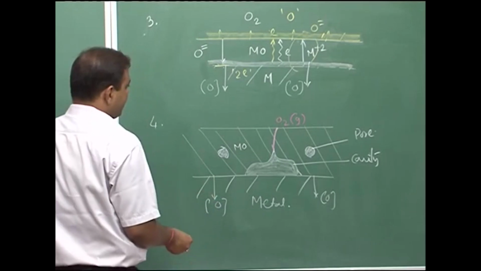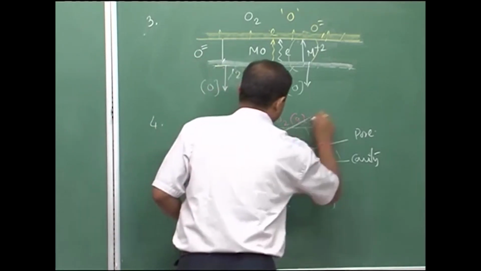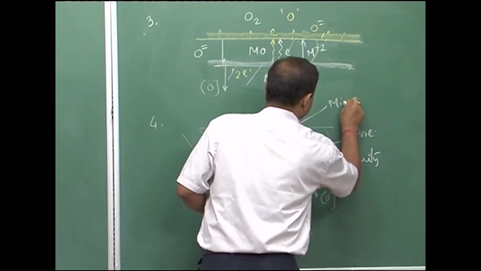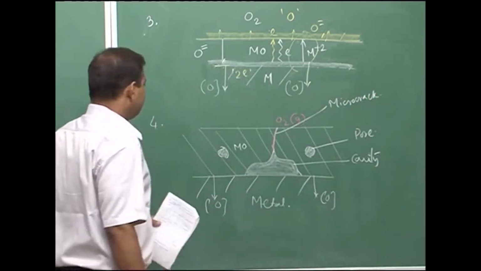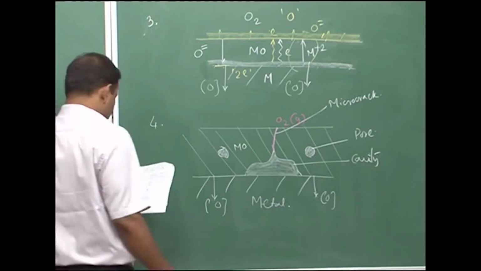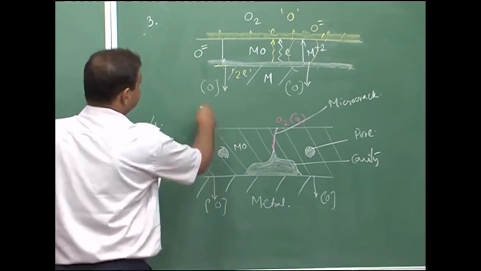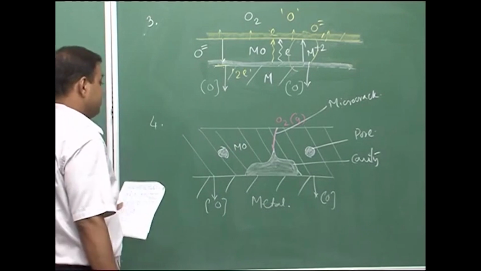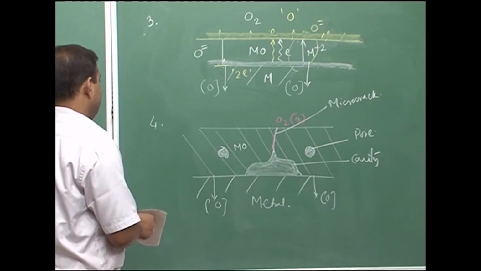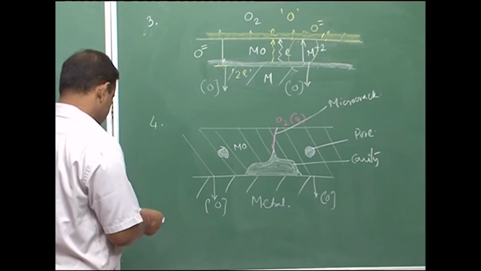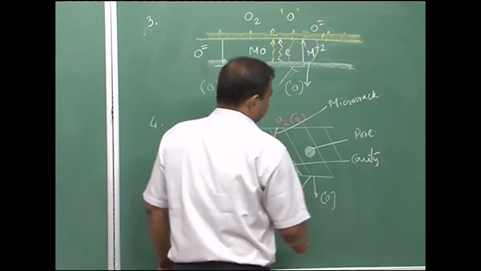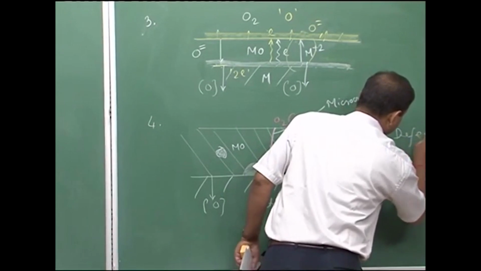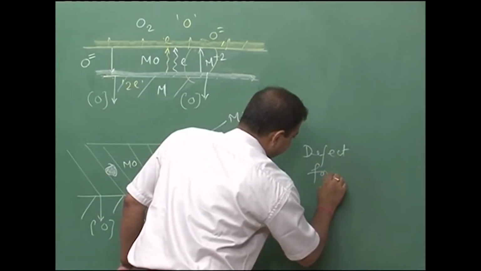Even we can have micro cracks. This is micro crack formation, and of course, the previous events are also taking place continuously. Now, this is stage 4, basically the defect generation, defect formation.